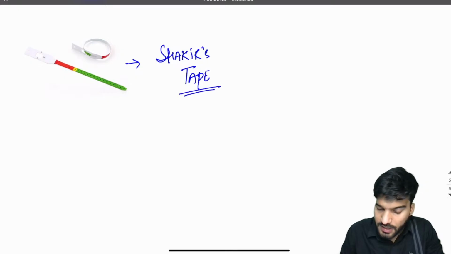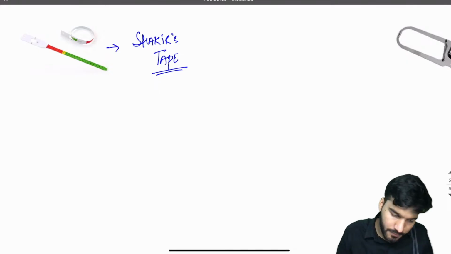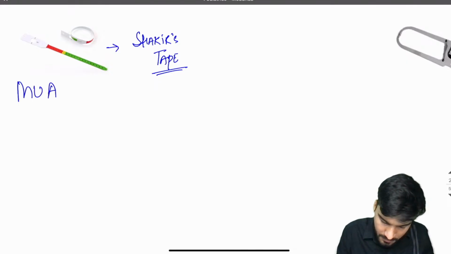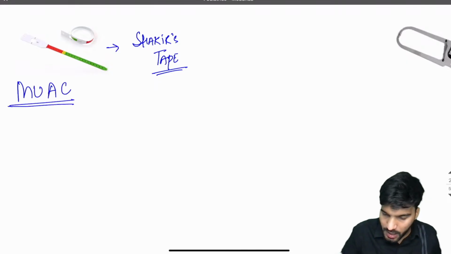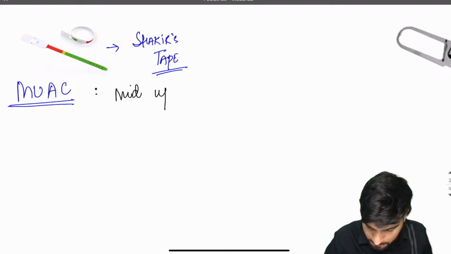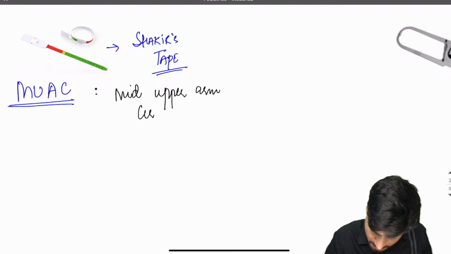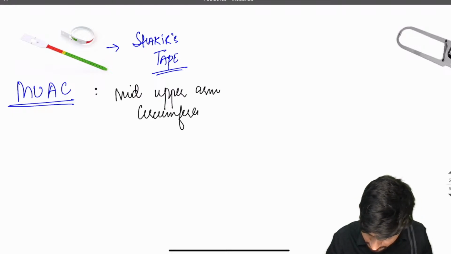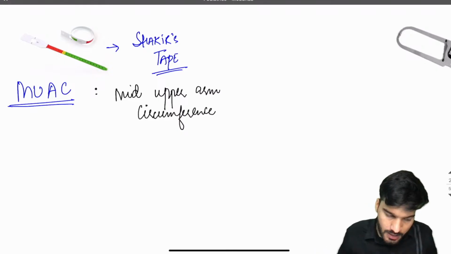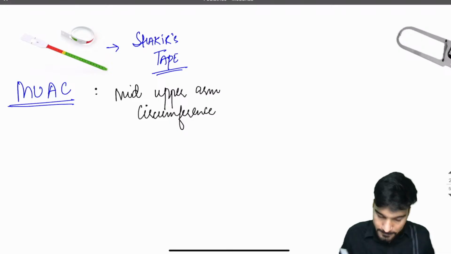So this Shakir's tape is used to measure the mid upper arm circumference. Okay, and this Shakir's tape gives me information about the growth and nutritional status of a child.